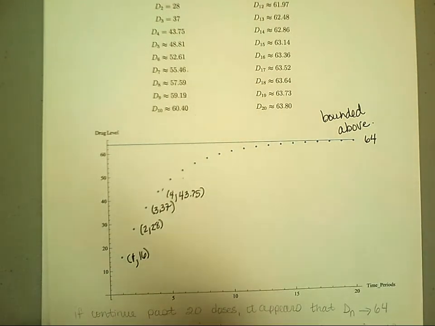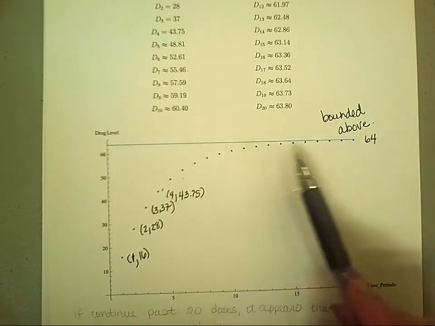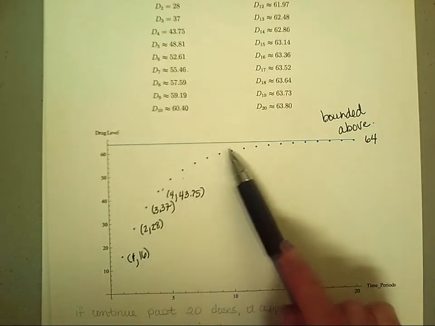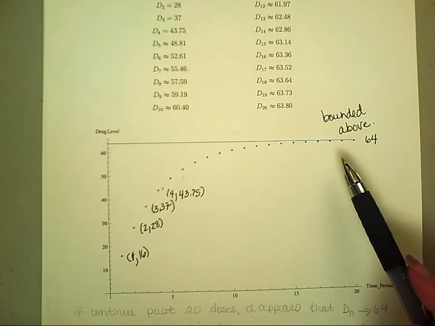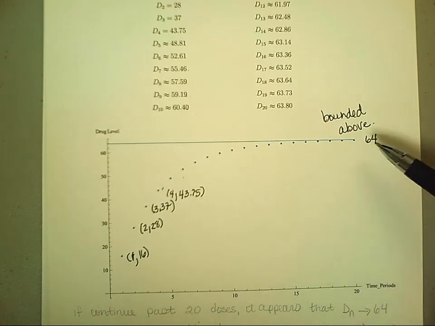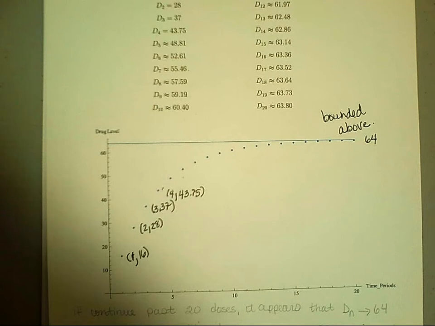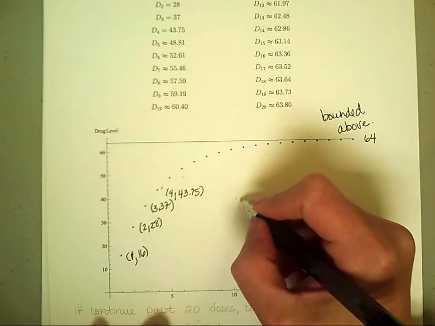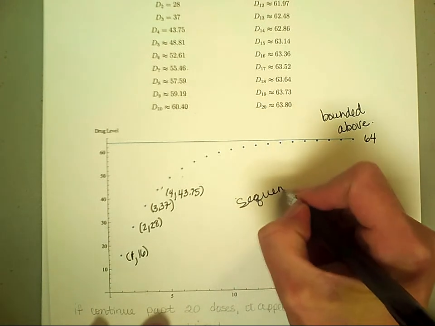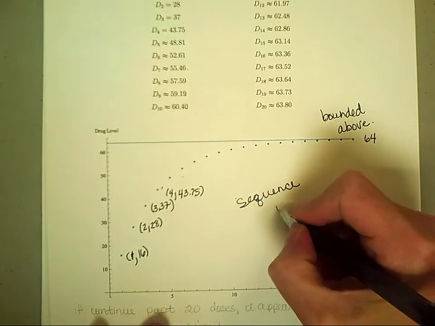What would happen if we continue past 20 doses? Because of this boundedness, with the graph leveling out, it appears that even as n increases, that is, the number of doses increases, this sequence will be approaching and bounded by 64. So why we bring this up is that this is an example of a sequence with a limit.